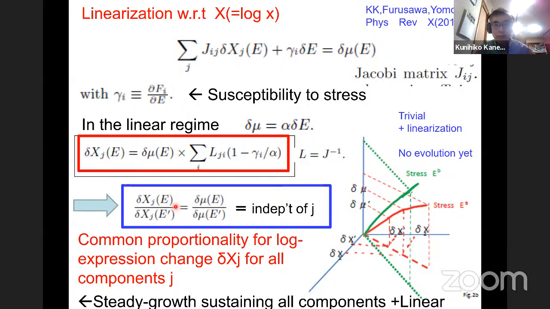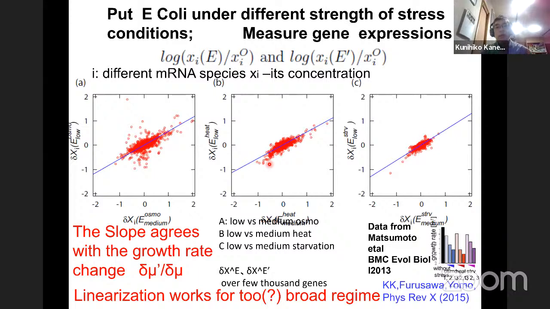But we can check this experimentally. In this experiment we have the bacteria E. coli, and they can measure many different messenger RNA species concentrations. That's x_i. They put some stress on an initial condition, for example some heat, low heat and much stronger heat, or some starvation, a little starvation or stronger starvation, or osmotic pressure and strong osmotic pressure.